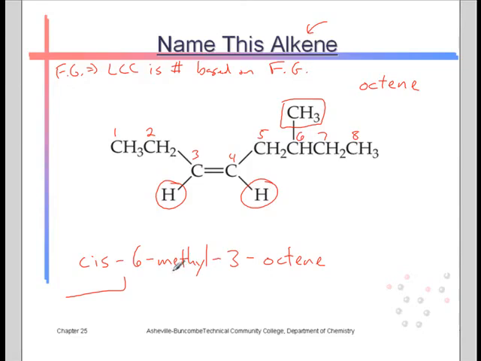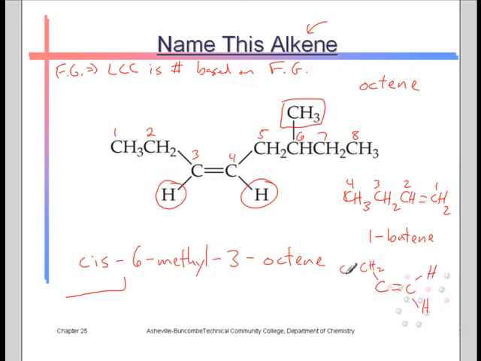I guess the only time when cis-trans isn't used for us is if, let's say, in an example like this one, you have the double bond between the 1 and 2 carbon. You don't need to worry about cis-trans, right? If you look at this end here, there's an ethyl group up here and a hydrogen there.